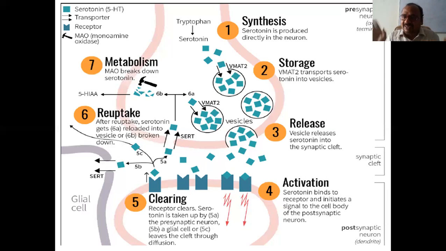We don't want that depression, we don't want that anxiety. Keep in your mind, that's why the happy hormone serotonin should always be maintained in the synaptic cleft. It should not go to the postsynaptic neuron. That is the main objective here. If it goes to the postsynaptic neuron, there will be anxiety and depression.